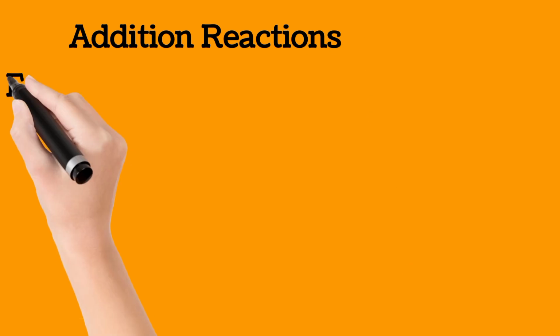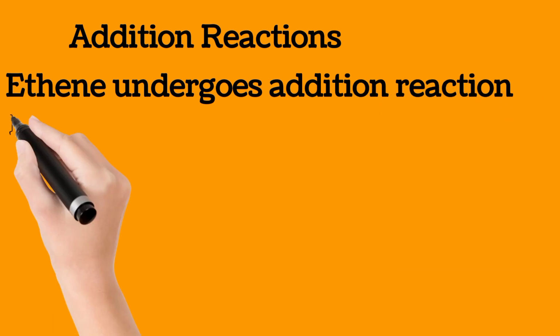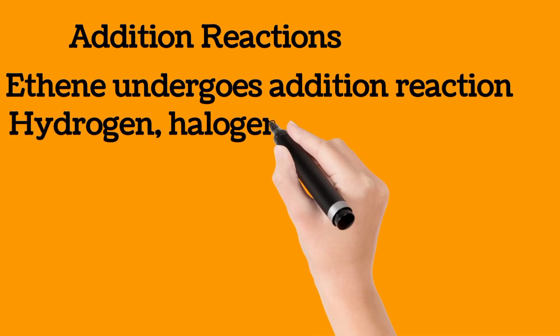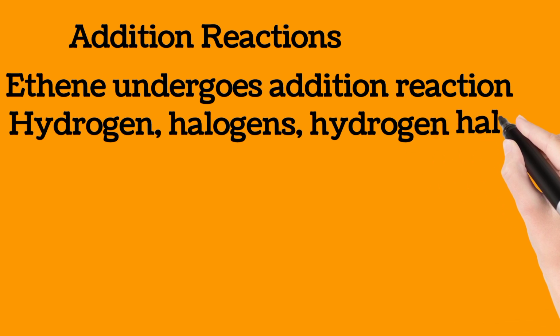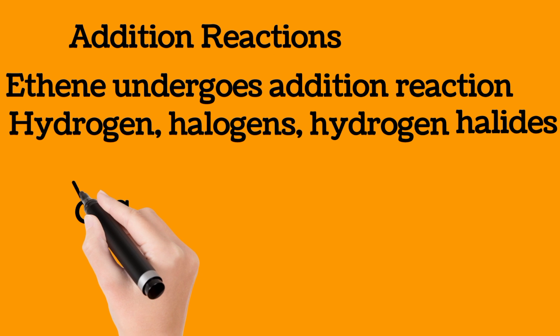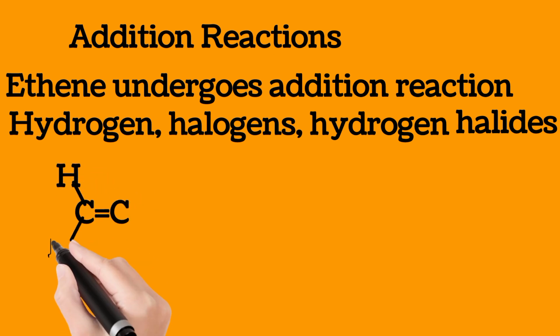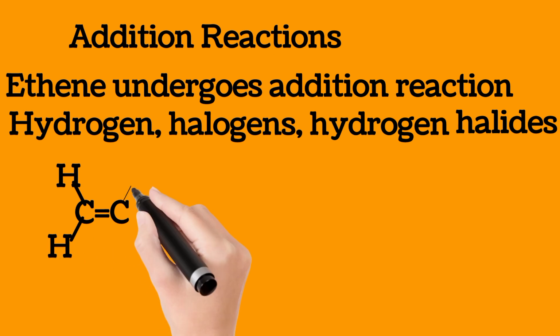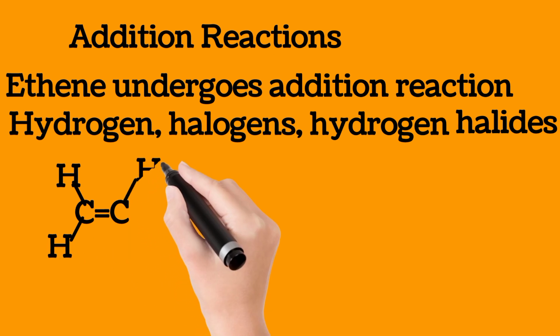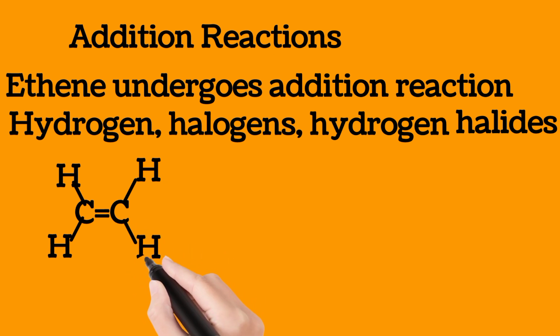Addition reactions. Ethene undergoes addition reactions with hydrogen, halogens, hydrogen halides, etc. An addition reaction involves the direct addition of an attacking reagent across the double or triple bond of an unsaturated hydrocarbon to yield a saturated compound, as shown in this equation, or at least one in which the degree of saturation is increased.